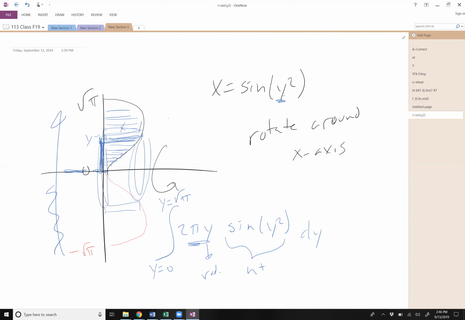So I just have to spin the slices from y equals 0 to y equals the square root of pi, and that will give me my bounds. Okay, questions?